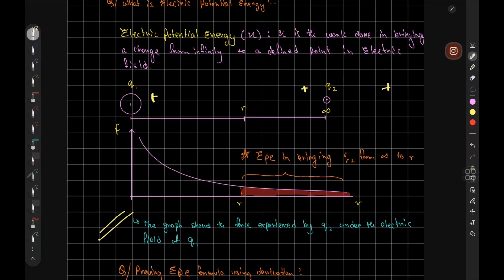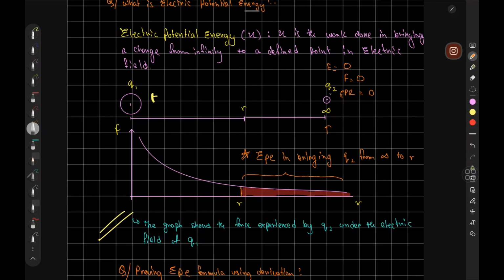However, what you're going to notice is at infinity, if the E field is 0, the force is 0, therefore your electric potential energy, EPE, is 0 at infinity.